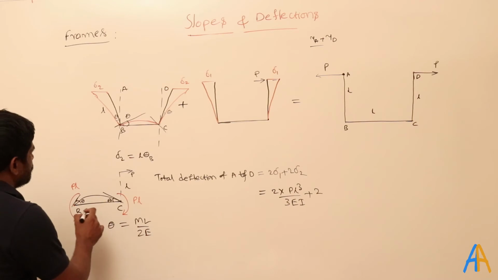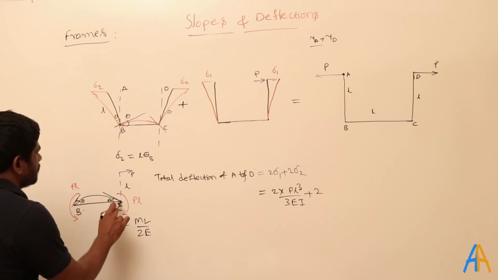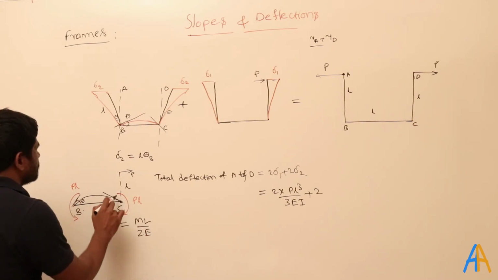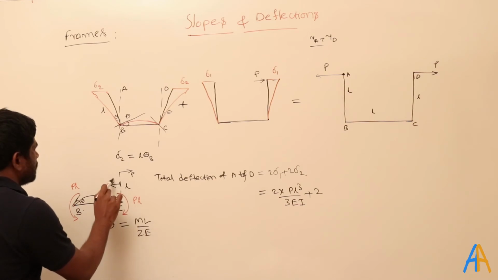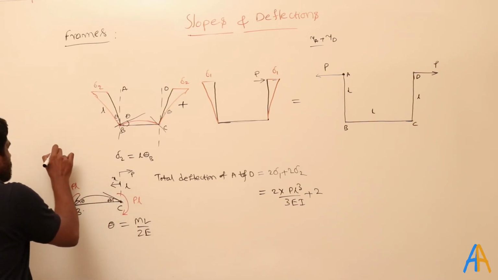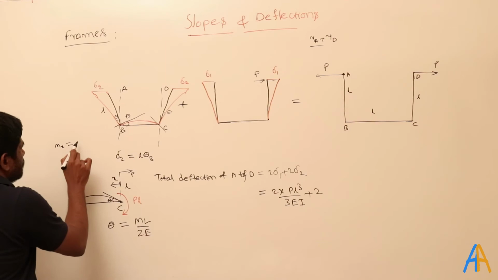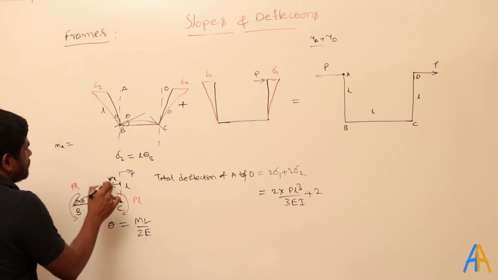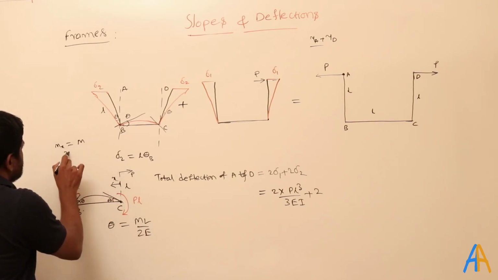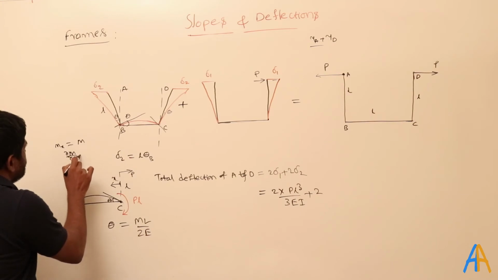To find out theta at C, theta at B equals theta at C, if you use the strain energy method from here, taking the x value here, then Mx equals nothing but M. Dou M by dou M equals 1.